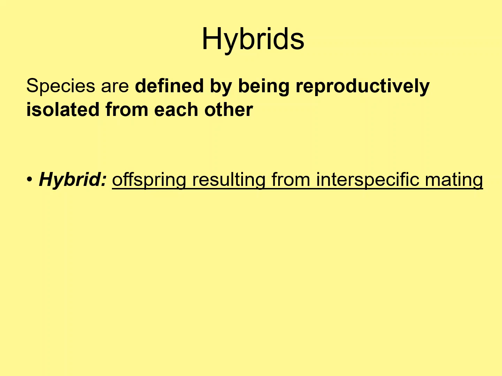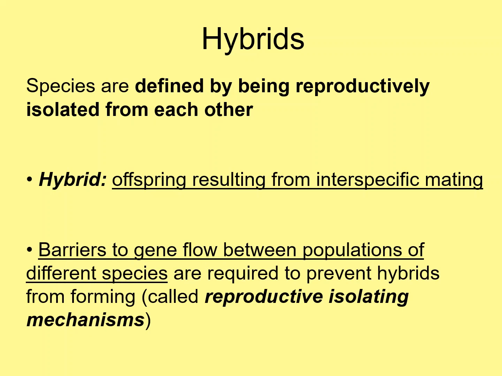So if the offspring are not viable, they don't live, or if the offspring cannot reproduce on their own, then generally we would say those two species are reproductively isolated from each other, even though they have had a mating event that has produced a hybrid. A hybrid is basically just the offspring that result from two species mating with each other.